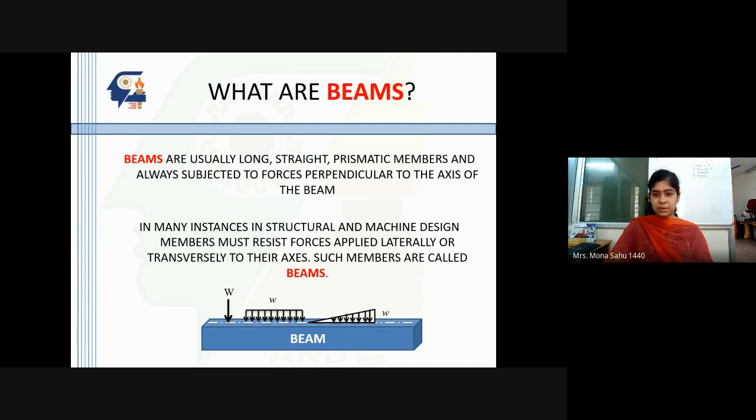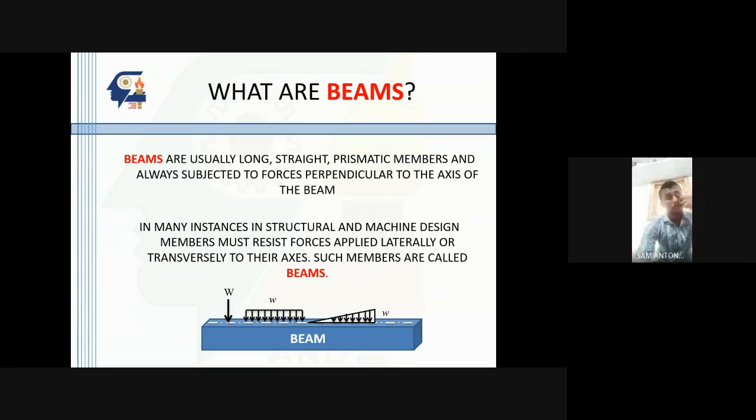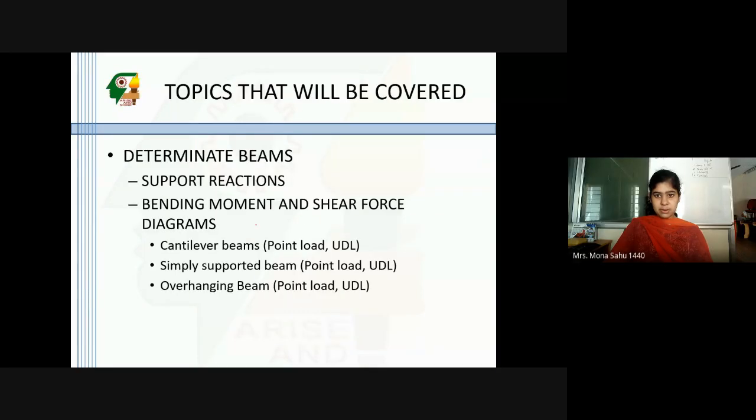So what will happen if you apply load from the top? What happens to the beam? Will it bend? Yes, ma'am. So if I draw a beam here and I apply load here, is the beam going to move down like this? And there's a support here. If there's no support, the beam will just move directly in this direction.